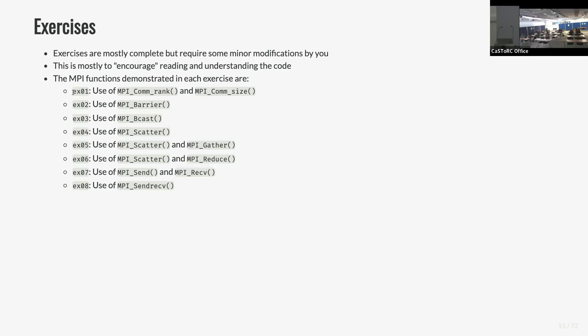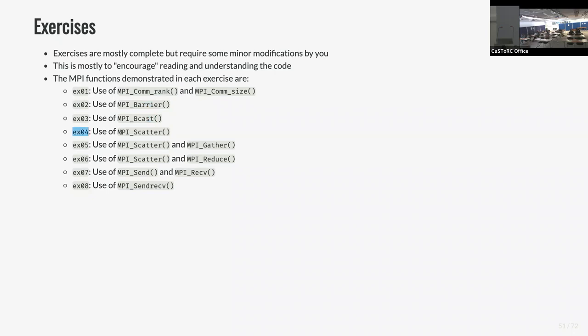In exercise 1, we demonstrate the use of these rank and size commands, which give you the ID of the process and the number of processes. In exercise 2, we demonstrate the barrier. In exercise 3, we demonstrate this broadcast operation.